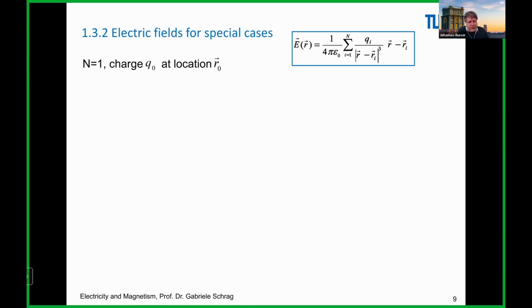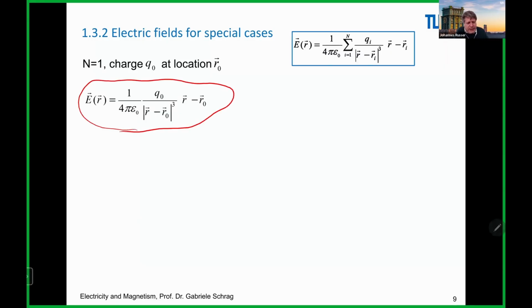So let's look at some special case. You have a single charge. You have here the formulation for the general case of the electric field if you have a multitude of charges, but let's set n equal to 1. So you have a single charge that reduces here to our equation for the electric field.